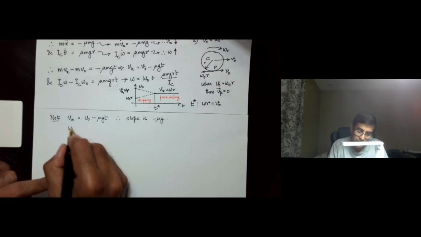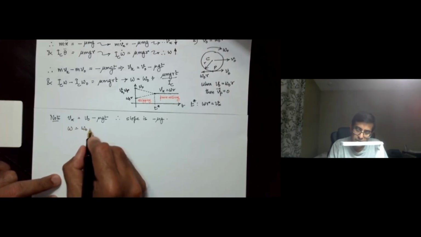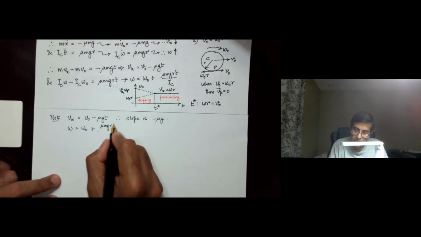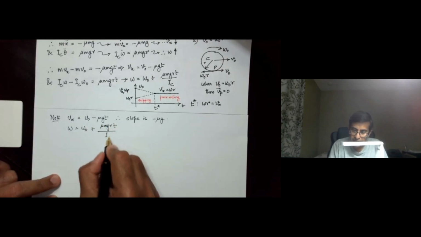And omega is equal to omega naught plus mu m g r t divided by IC.